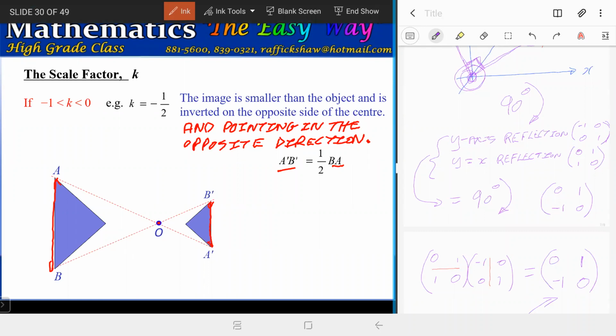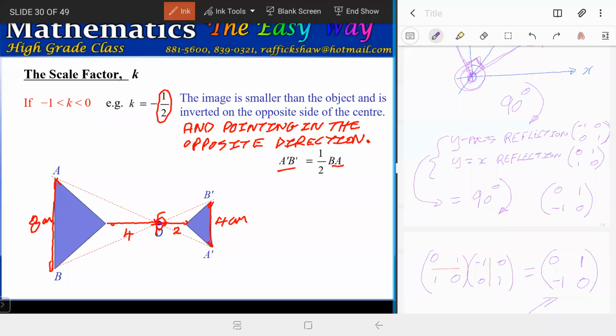But in terms of the physical length, it is half. If this length was 8 centimeters, then this length will now be 4 centimeters because of the value half. Also, the distance is half from the center. So this distance is half this distance. This distance was 4, and this distance is 2.